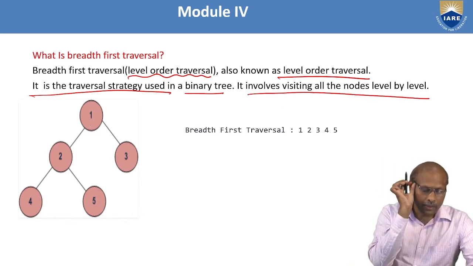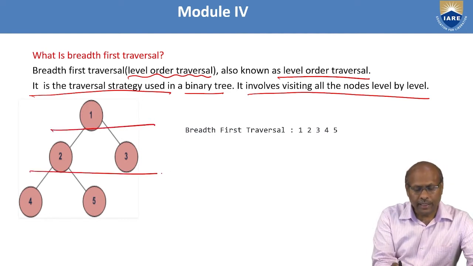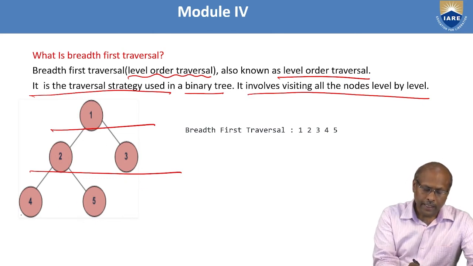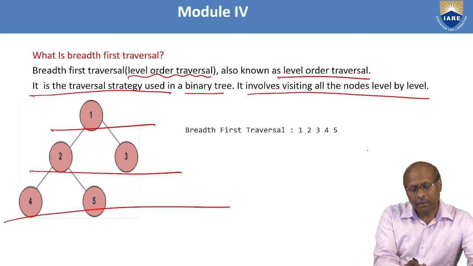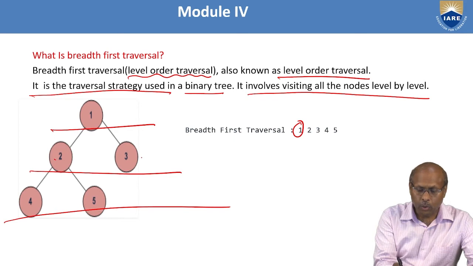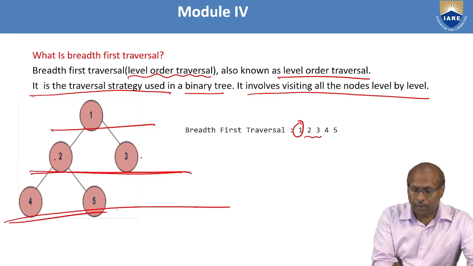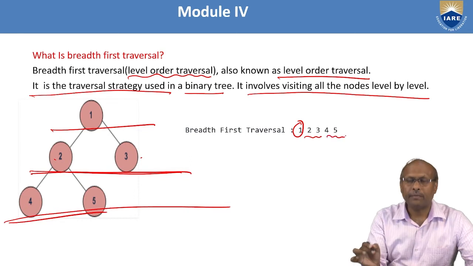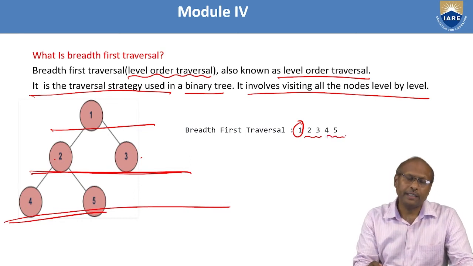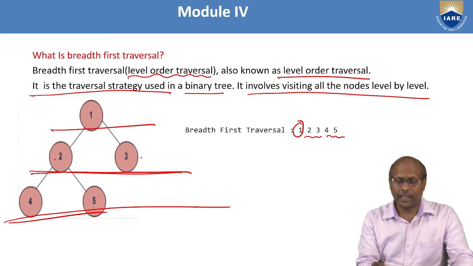Now if you observe here, 1 is my root node, 2 and 3 are its two child nodes, and 4 and 5 are the child nodes of 2. If I traverse level by level, first I will get 1, then 2 and 3, then 4 and 5. So this is the level order traversal of this tree.